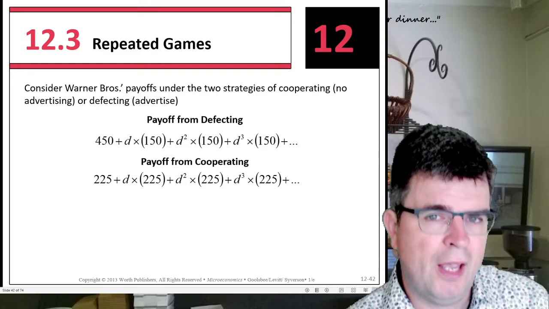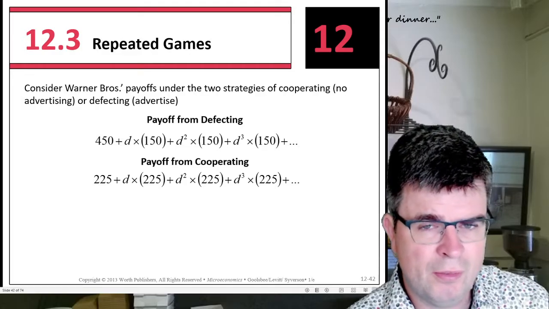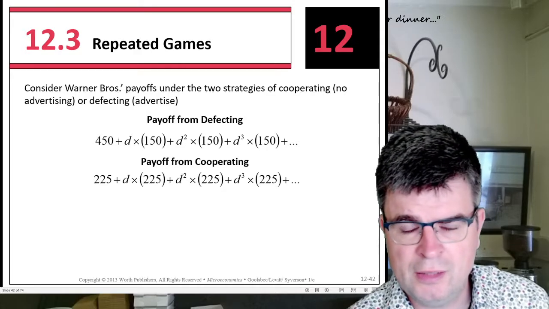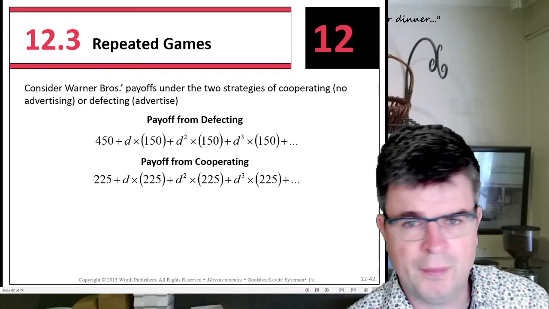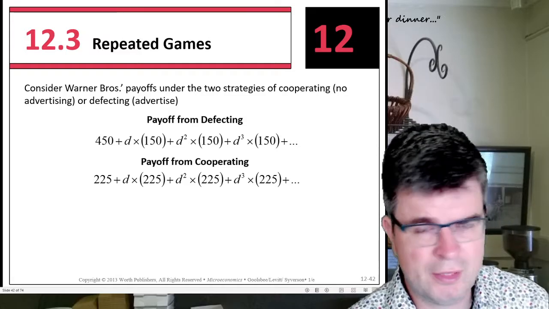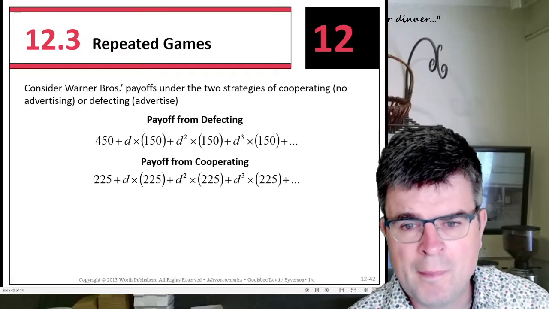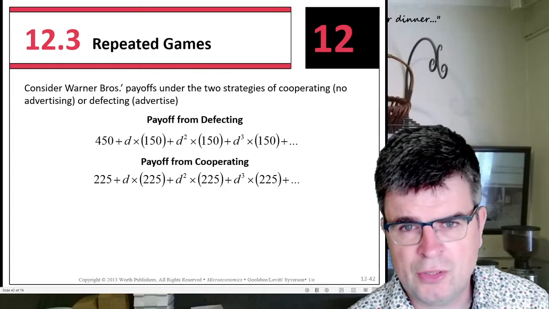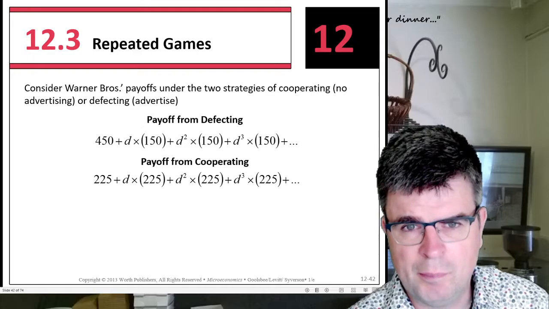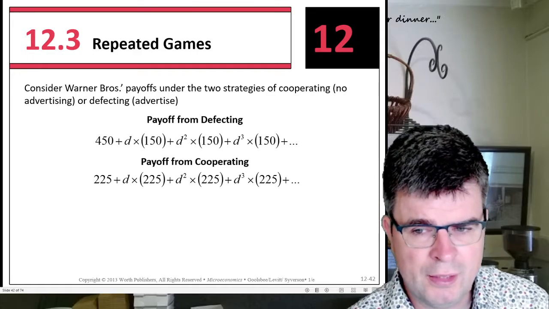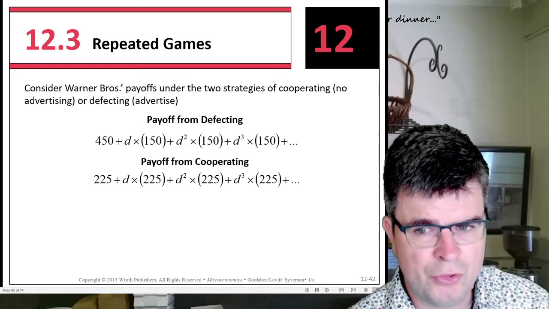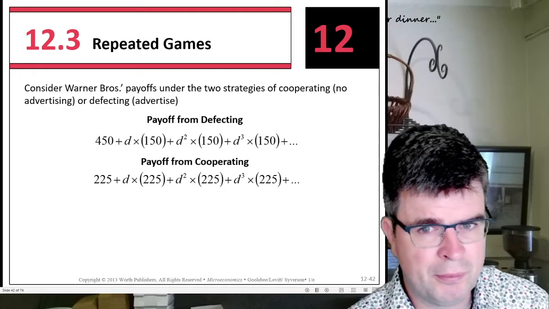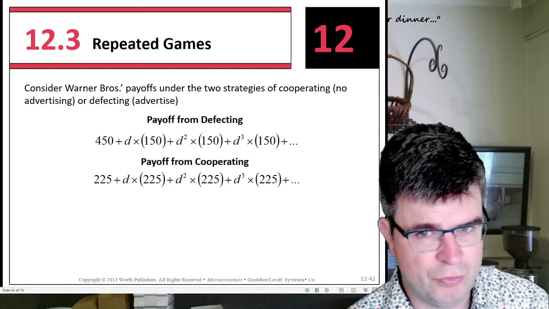So if Warner Brothers sticks to its strategy of not advertising, as long as it doesn't observe Disney advertising, then Disney will never observe Warner Brothers advertising, so it will not advertise either, and they will remain in the no advertise payoff. So in that case, Warner Brothers will earn 225 today, 225 tomorrow, 225 in the period after that, and so on until infinity.